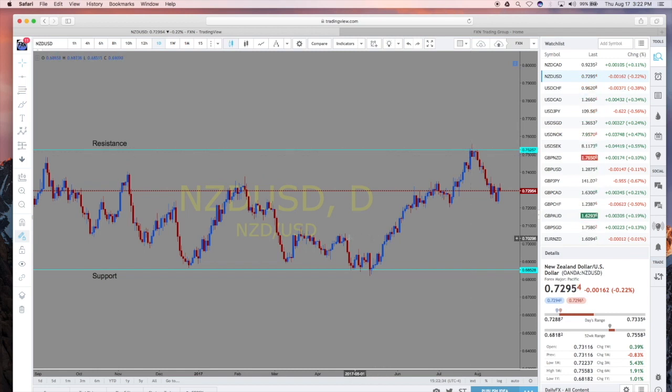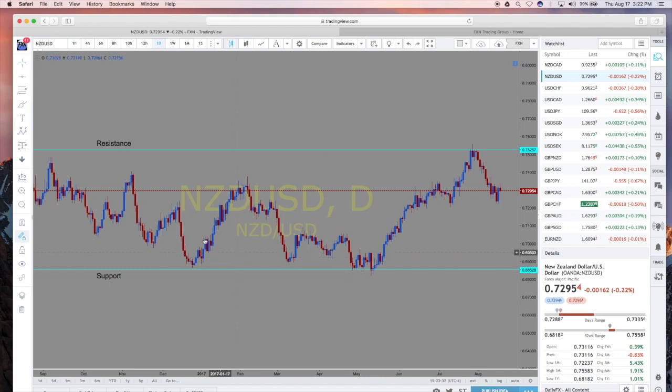Now, you'll notice that a lot of the time price doesn't always make it to resistance or to support. For example, here, here, here, here.